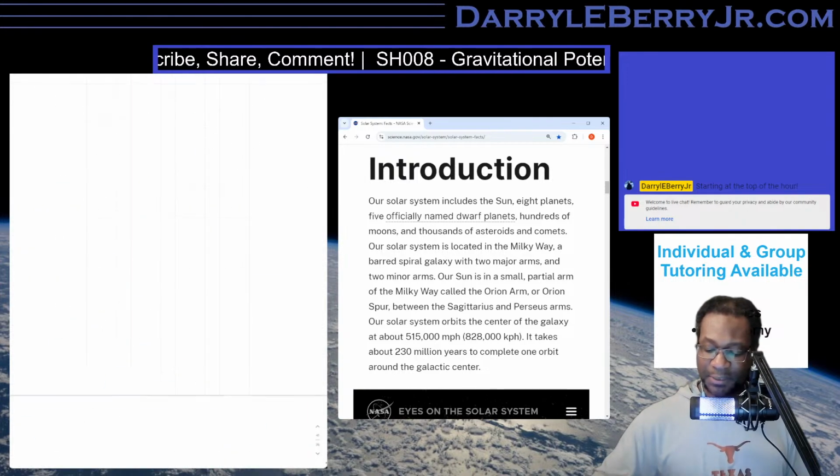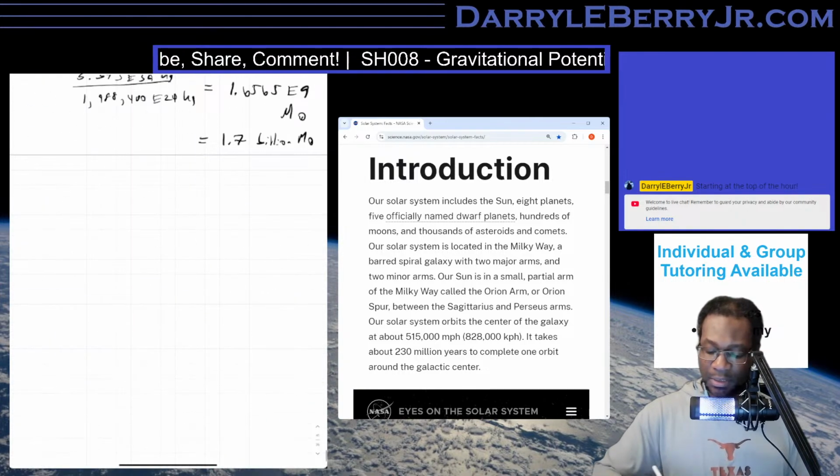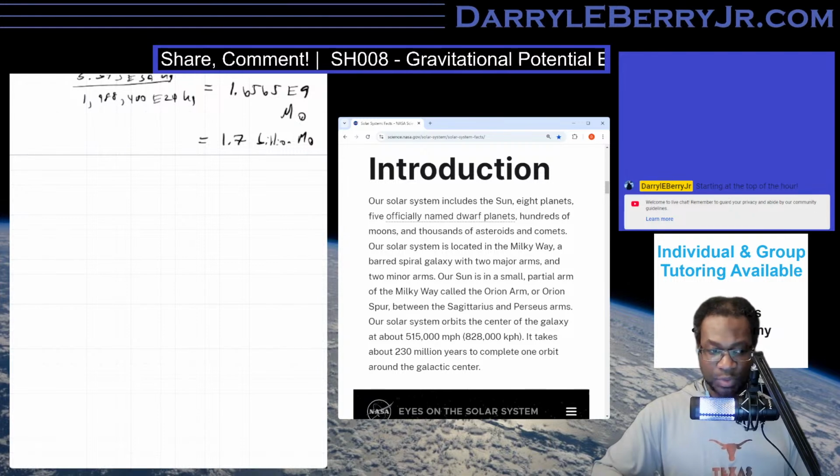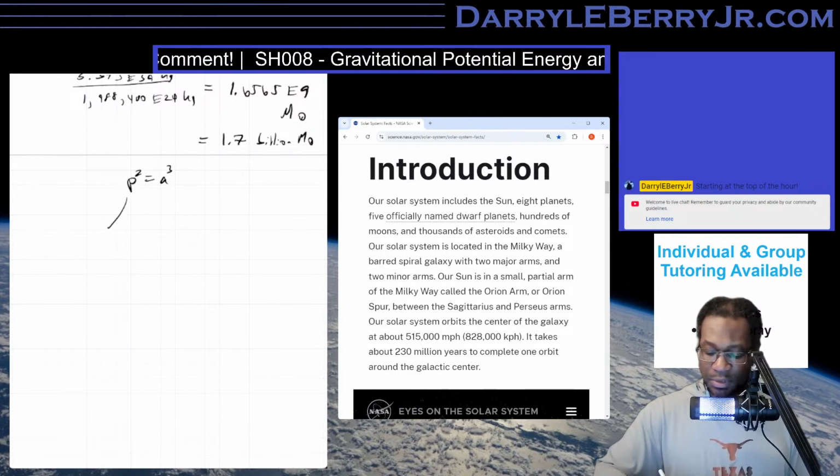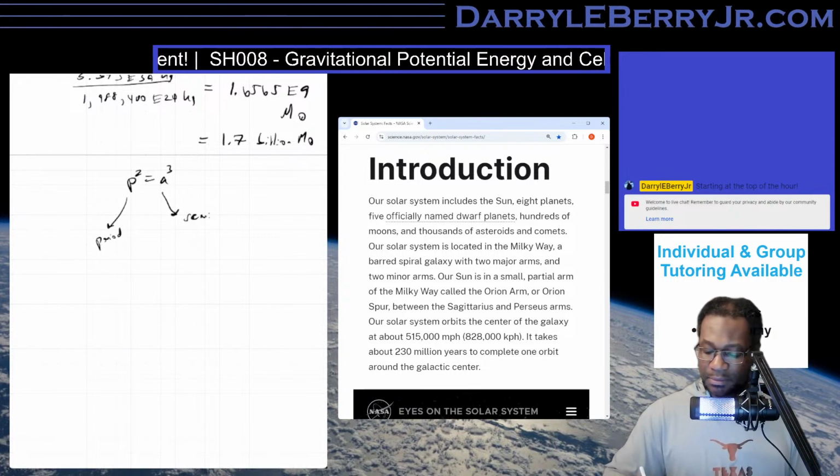So basically, remember the formula: T squared equals a cubed, where T is the period and a is the semi-major axis.